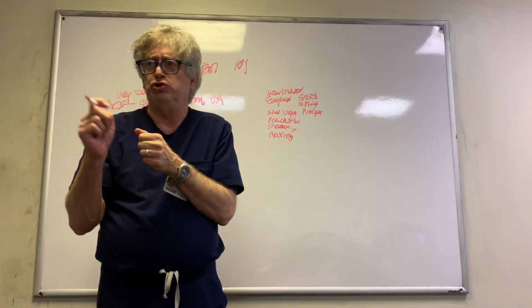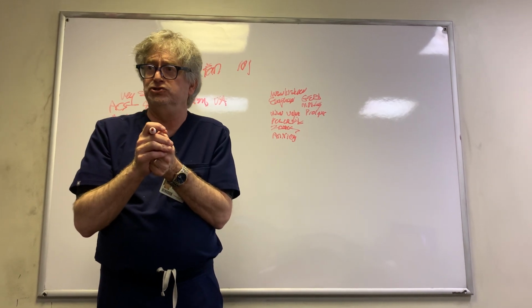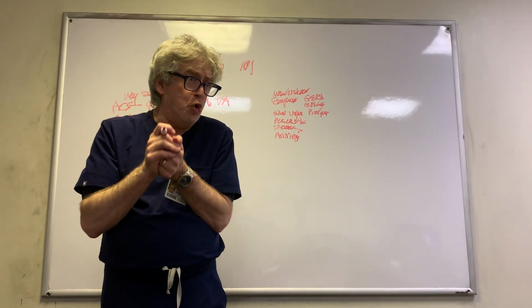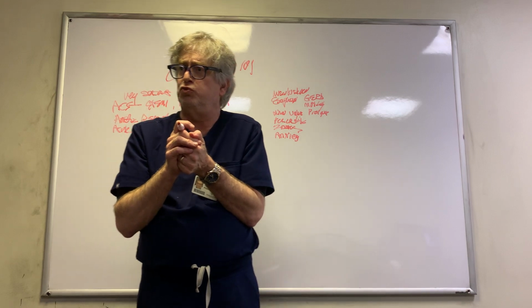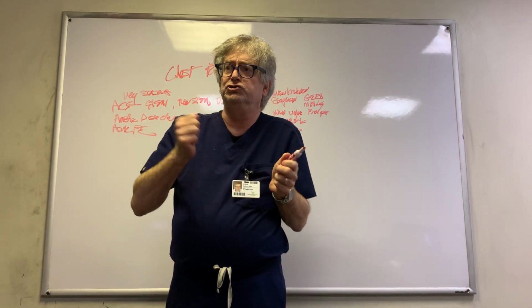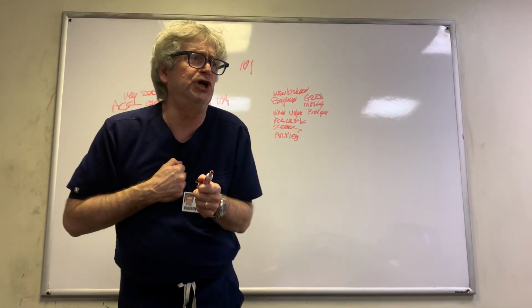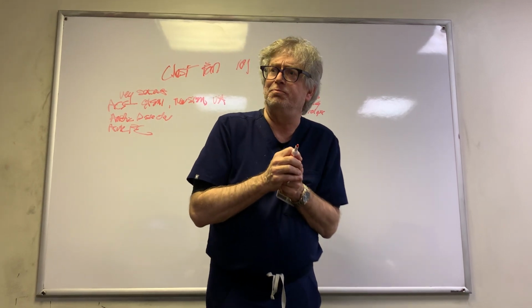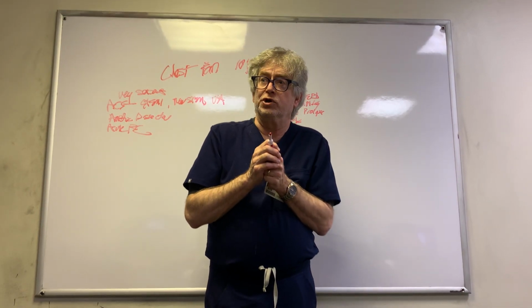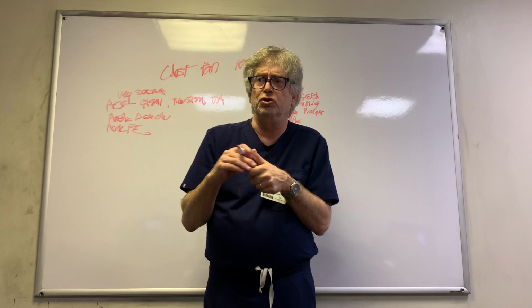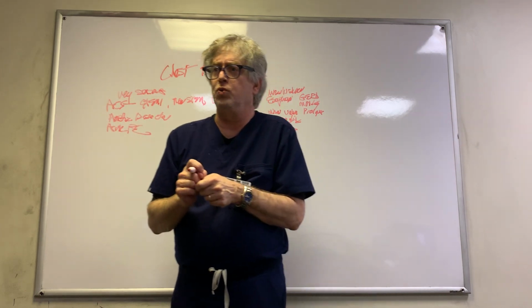If you have an older patient, say a man in his 60s with known coronary disease or multiple risk factors, and he has a crushing sensation in his chest, obviously you're going to be more concerned, and that's a potential emergency. And there's everything in between.